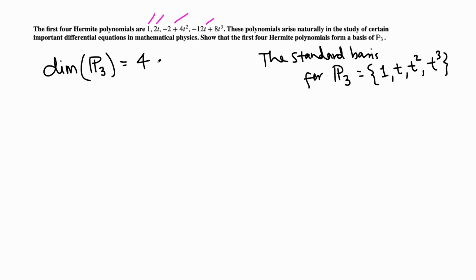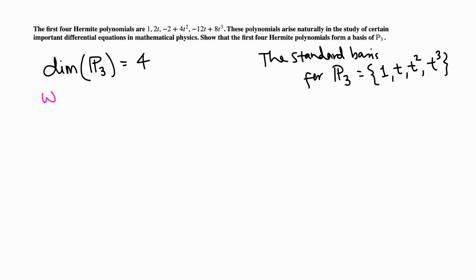So all we need to show in this case is that these elements, these vectors in the context of a vector space, we can call them vectors, are linearly independent. That would be enough, because the dimension of this space is 4 and we have exactly 4 elements.